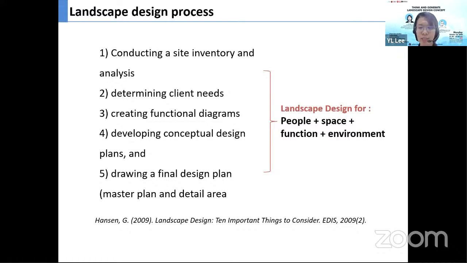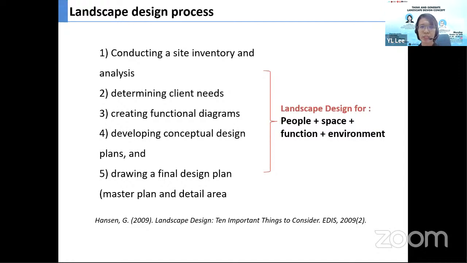When you talk about landscape design, designing for people and space is important. I believe, like in architecture, you design for people and space as well. But in landscape, our scope is wider. We also include the function of the outdoor space and the surrounding environment. People are the main subject, and we integrate space, function, and environment.